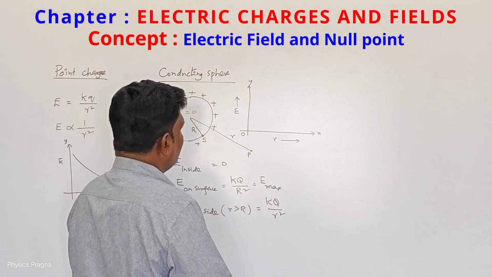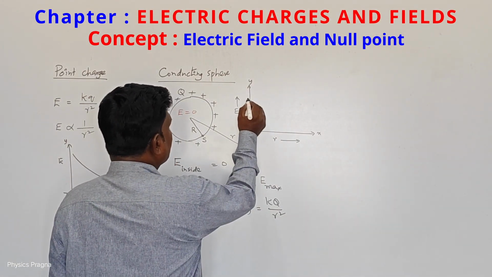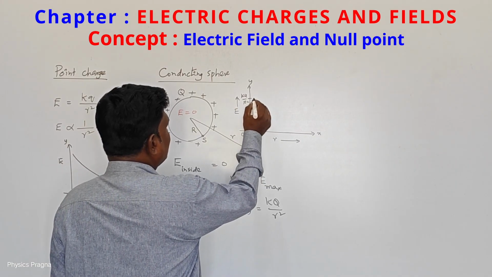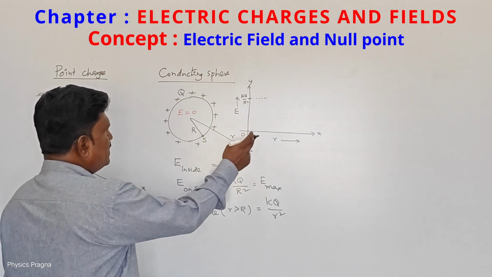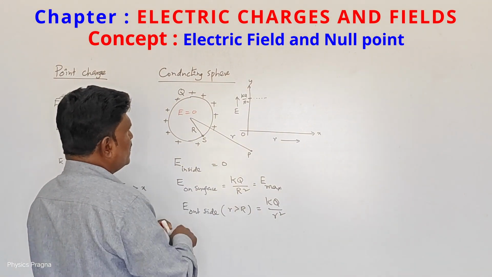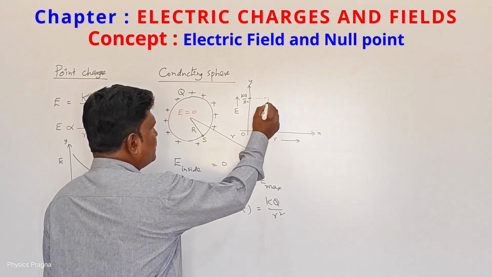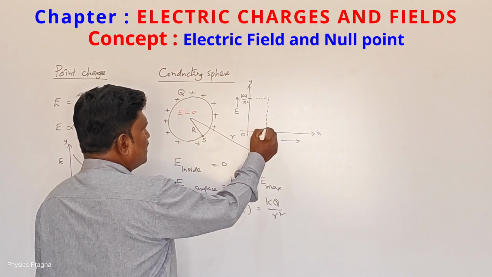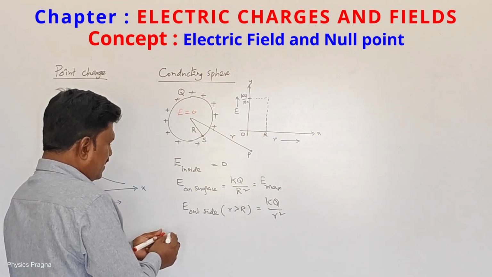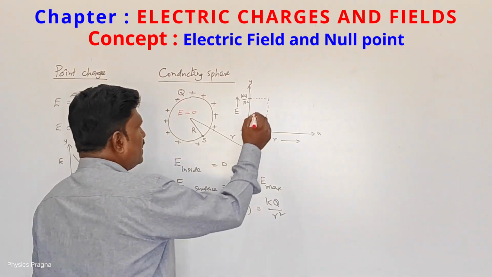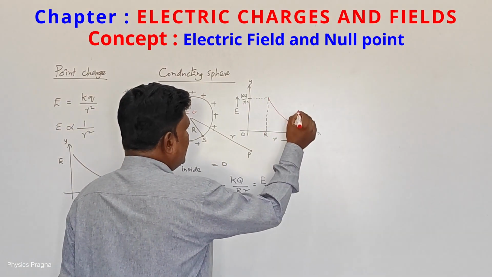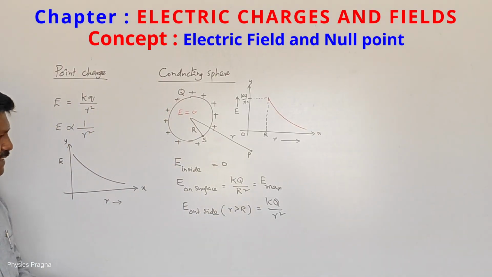The maximum value is kq by r square. Inside it is 0, and the maximum value will be on the surface of the sphere, at r distance from the center. Here the electric field value is maximum, then it goes on decreasing.